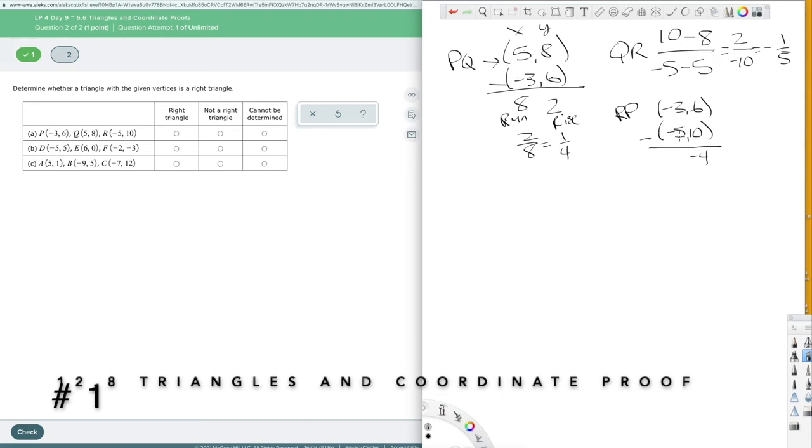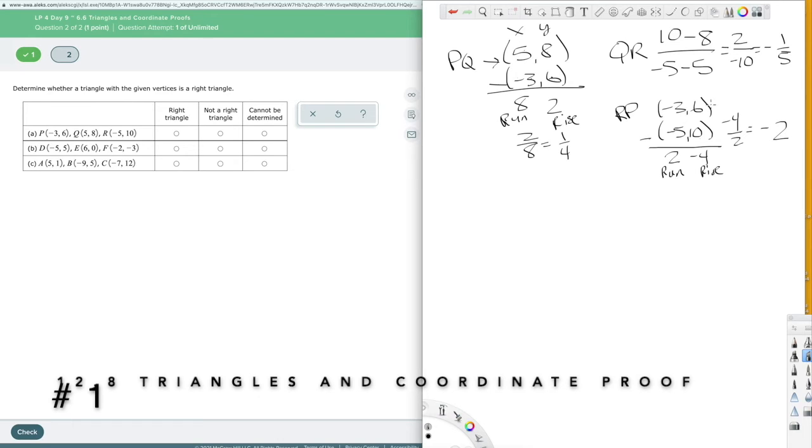Remember, this is going to turn into a plus because it's minus negative. So I'm going to have -3 plus 5, and that gives me 2. This is run. This is rise. So I end up with -4 over 2, which gives me -2. 4 divided by 2 is 2, and so it's negative.